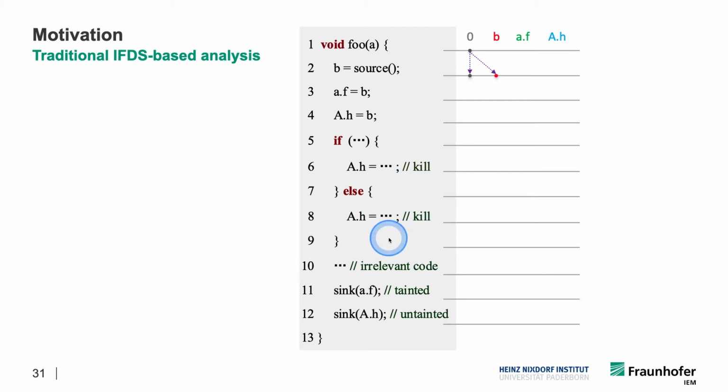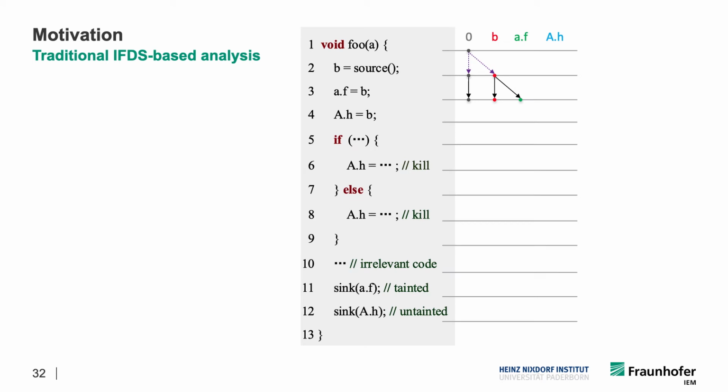And now we can take a look at what IFDS would do in this example. If you remember, we are generating taints through such a gen edge, basically, right? That comes from this tautological zero fact and generates the fact B. And now in the next step, this would be propagated to B itself, of course, but then because of this assignment also to this access path A.f that we see here. And then this would progress, right?